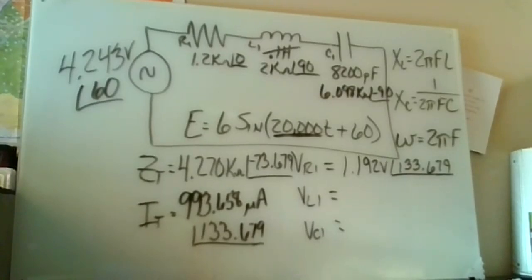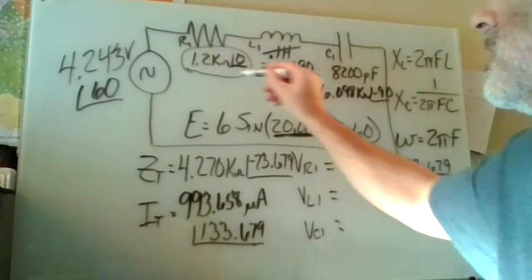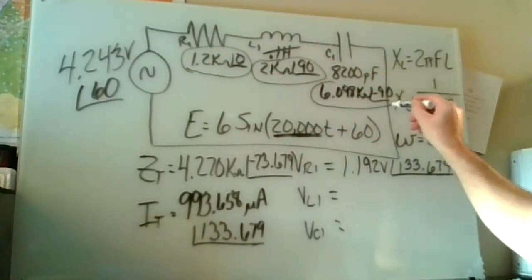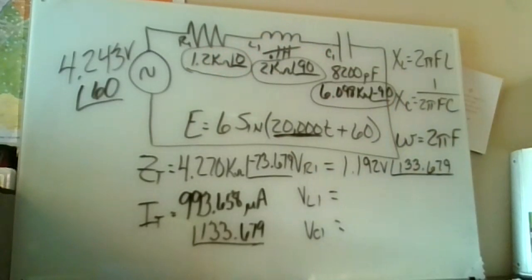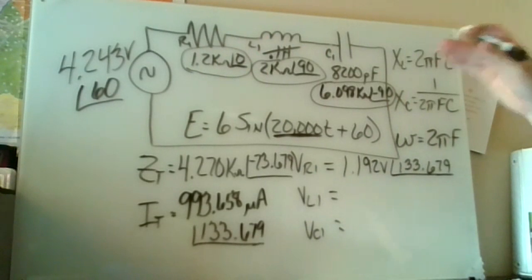Just remember, these in ohms now are considered your Z values, okay? Instead of R, they're considered your impedance values, Z. So it's the same way we did I times Z equals E. I take I total times each individual Z value, and that will give me the voltage drop across each individual component.